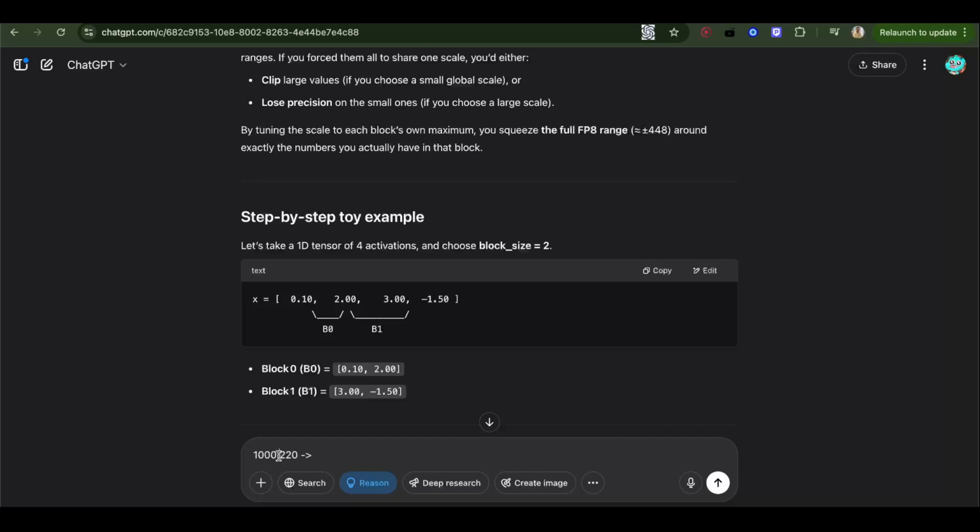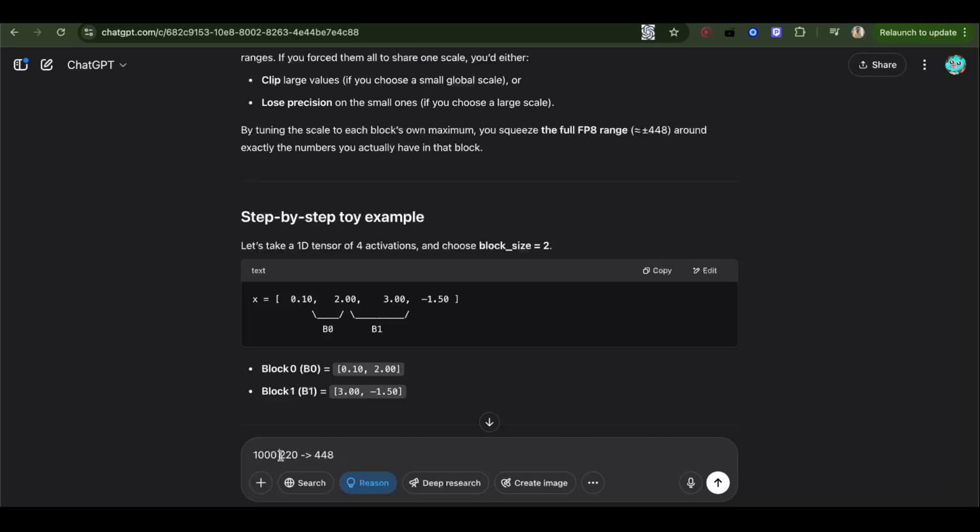The 1000, the biggest number, becomes 448, and then whatever this scaling is, we need to scale the other numbers as well, so that the numbers stay relative to each other. So we divided this big number 1000 by more than half, by 2.15, for example.